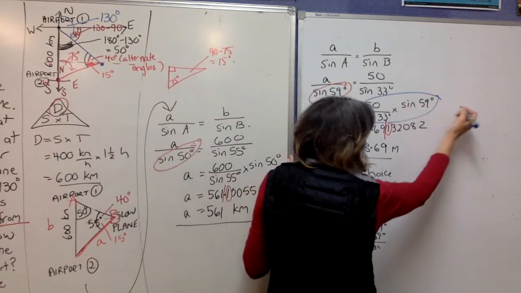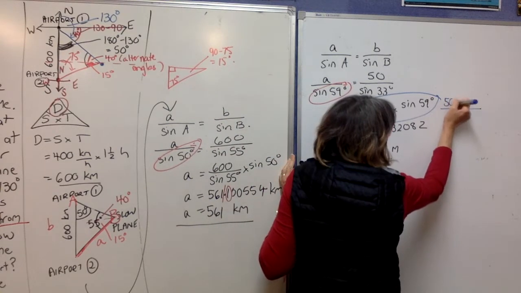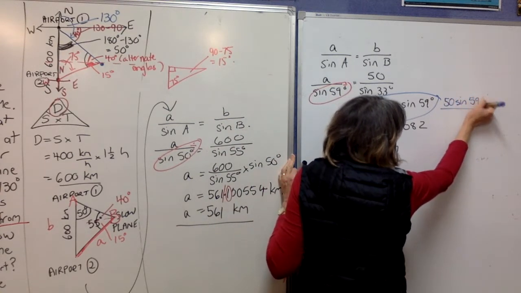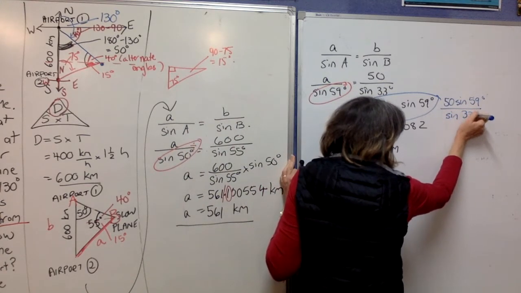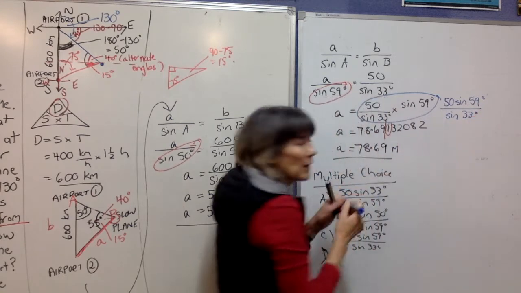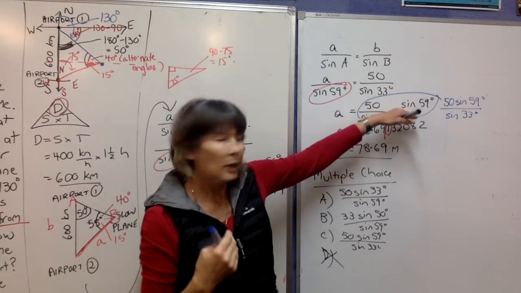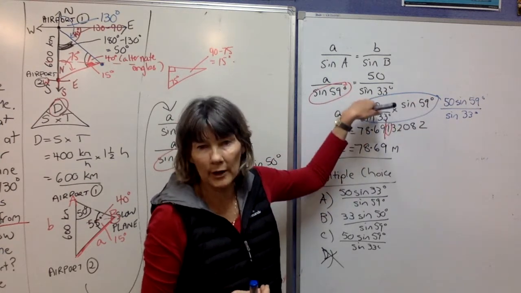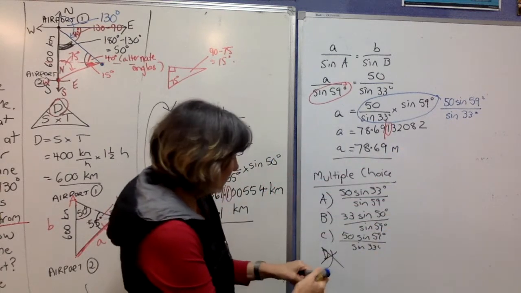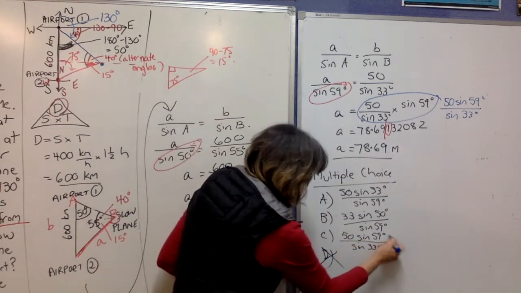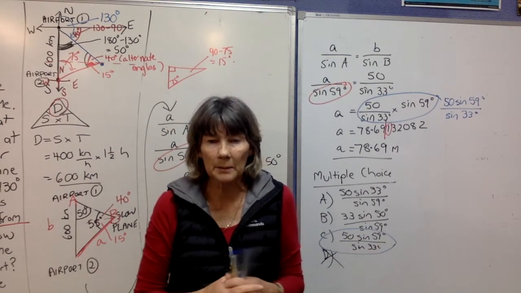So if we slide that together, it will look like 50 sine 59 degrees on the top and sine 33 degrees on the bottom. Okay, so that's all they've done. That's why I deliberately write that above on the top, lined up with the top of the fraction. Then you can just push it together so it looks like that, and the answer would be that one. They just might do that on a multiple choice question sometimes.